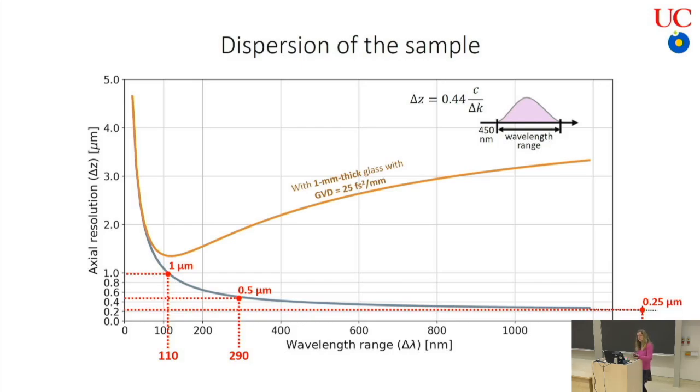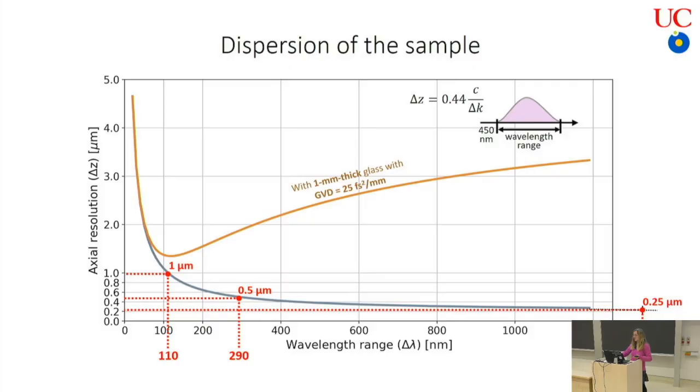The other problem is the chromatic dispersion. So assuming that we have only a piece of glass in the setup, which is 1 millimeter thick, with relatively low group velocity dispersion, the axial resolution first improves with the wavelength range, but then we can see it actually decreases.